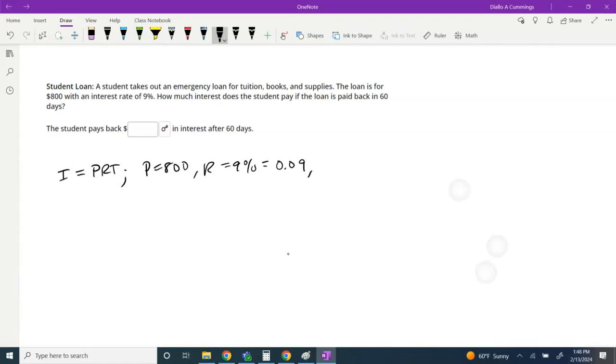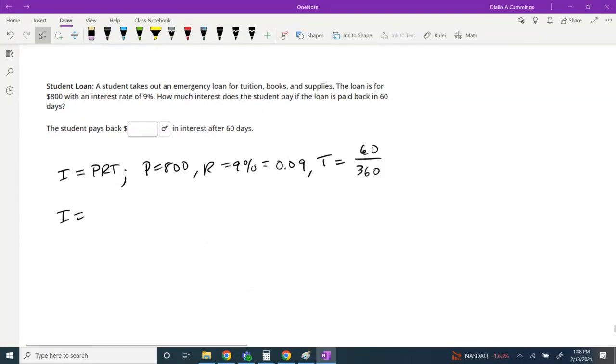And then the time has to be expressed in years. So I have to convert 60 days into years. So I'm simply going to take 60 and I'm going to divide by 360. So you take however many days, divide that by 360, and that's going to turn that into a year's period of time.